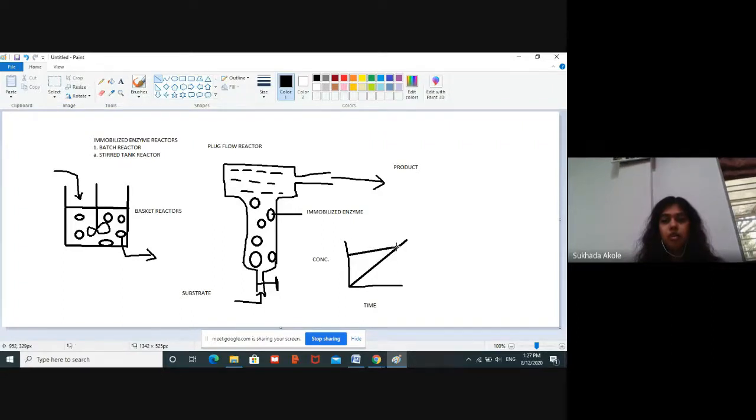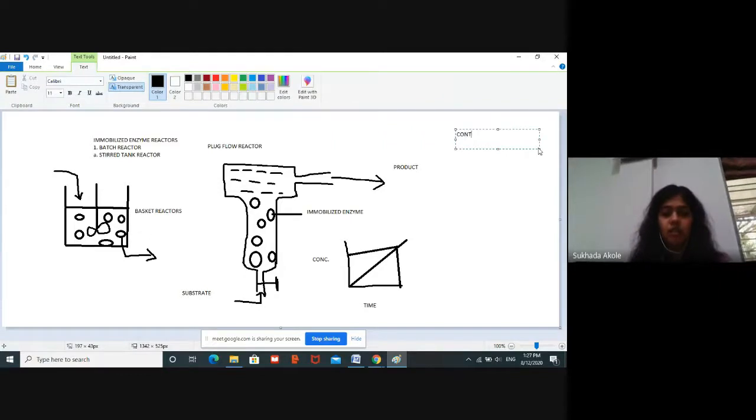Okay, like this. So this kind of kinetic studies can be done using a plug flow reactor. Another type of reactors that we deal with are called continuous reactors.